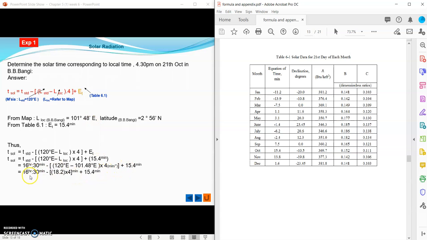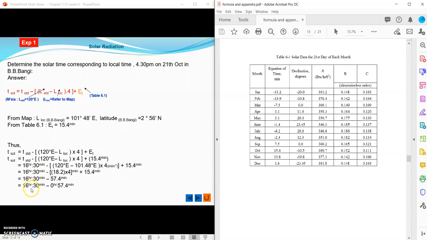Here you have to subtract first. I suggest you do it one by one: subtract first, then multiply by 4, and then add 15.4. So 57.4 is the answer from here. That's why I suggest you do it one by one, to make sure you are not confused with the calculation. So the correction equals 57.4 minutes.